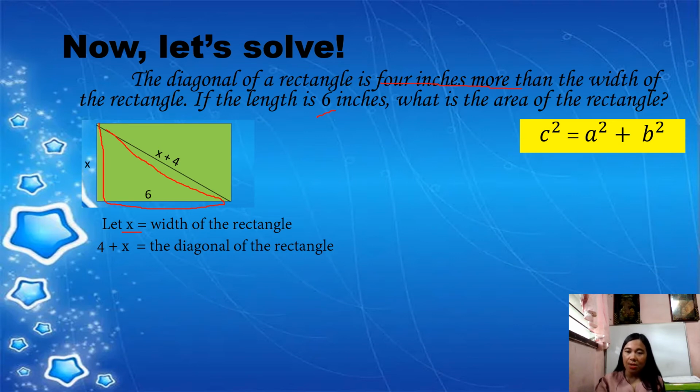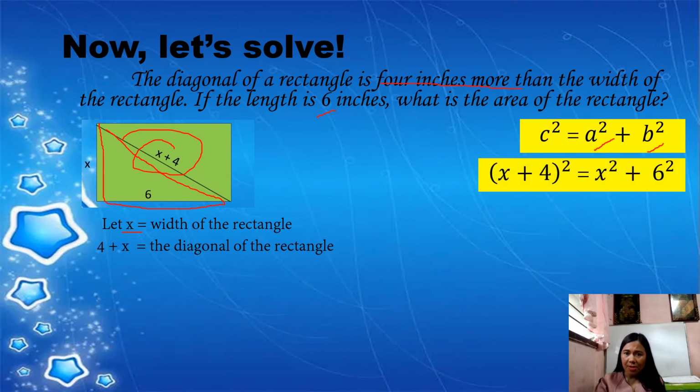Now, c is always the diagonal part, so we will put x plus 4 on the part of c, and then either a will be x and b will be 6, or the reverse, 6 and x. They can be interchanged. So we have here x plus 4 squared equals x squared plus 6 squared.